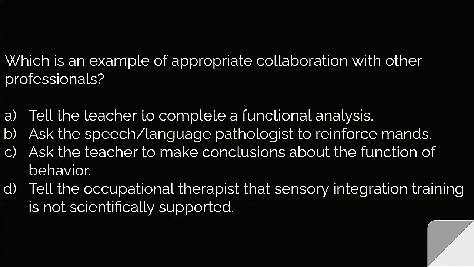Almost everyone likes B for this one. Okay, great. So with all these collaboration questions, the ethical code has changed a little bit to basically just say you need to collaborate. It doesn't really tell you what that means.